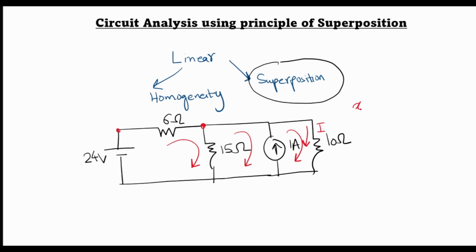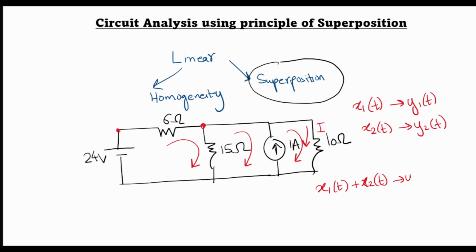that if you have an input x1 of t, which leads to an output y1 of t, and another input x2 of t, which leads to an output y2 of t, then for a system which obeys the superposition principle, if I apply these two inputs as a combination, then the output would be simply y1 of t plus y2 of t.